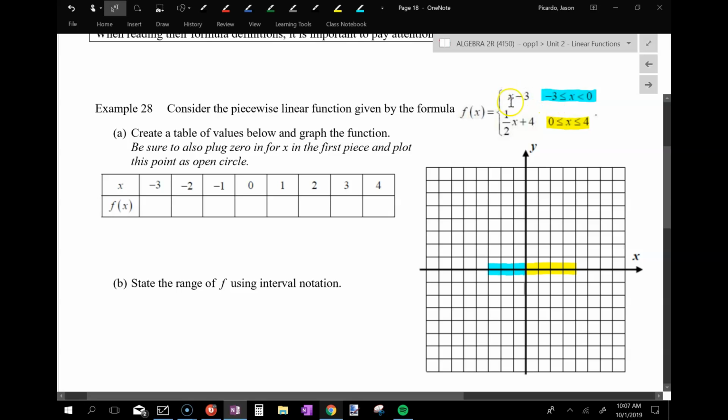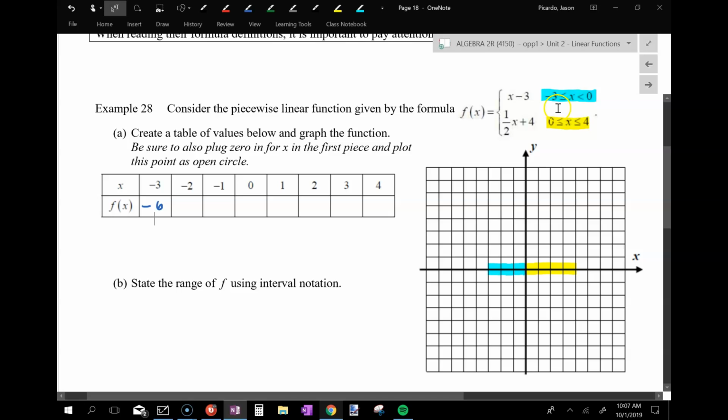If I take -3 and plug it into this, what do I get? -3 minus 3 is -6. Now, one thing I want to be careful about. Is -3 a part of the domain? Listen to the question carefully.